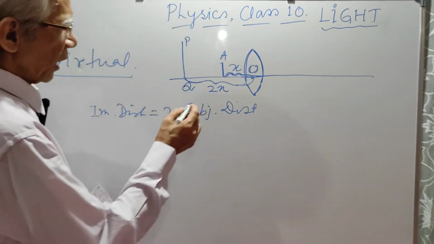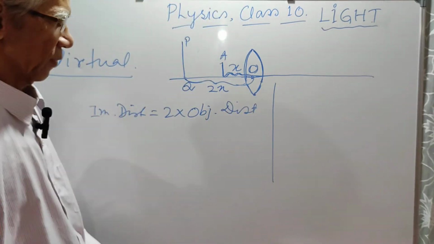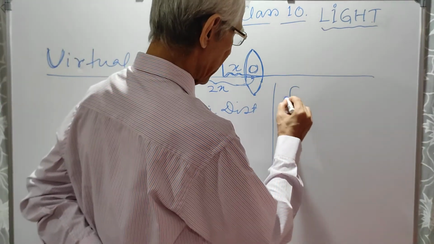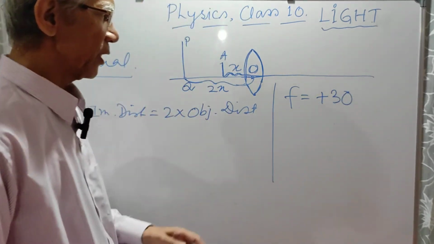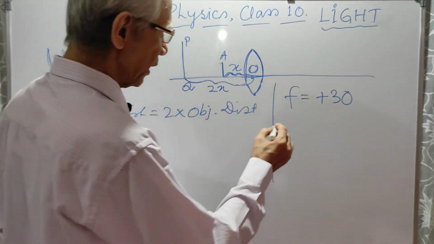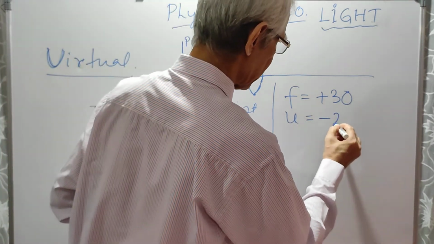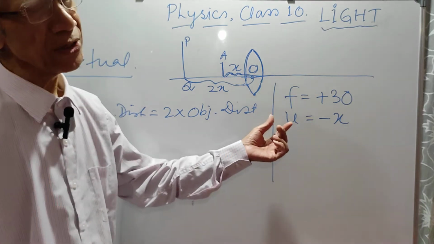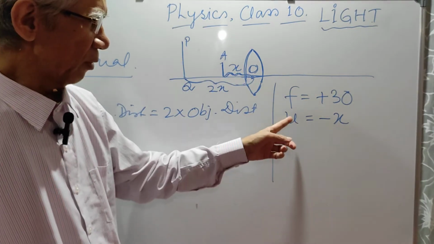Now we'll use the proper sign. f is given as plus 30, the focal length of this lens. Then u equal to minus x. Object distance is always negative in case of all mirrors and all lenses.